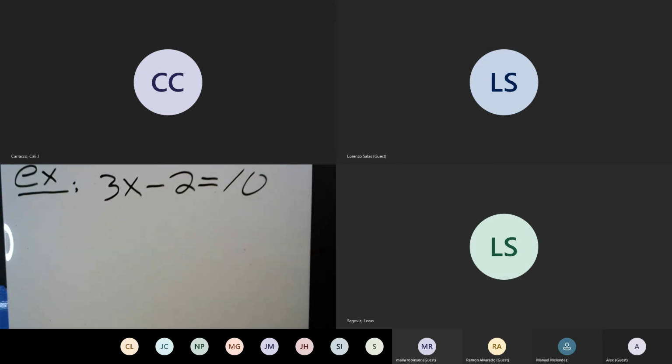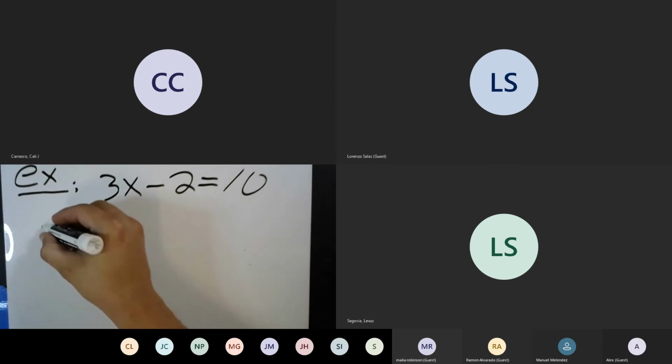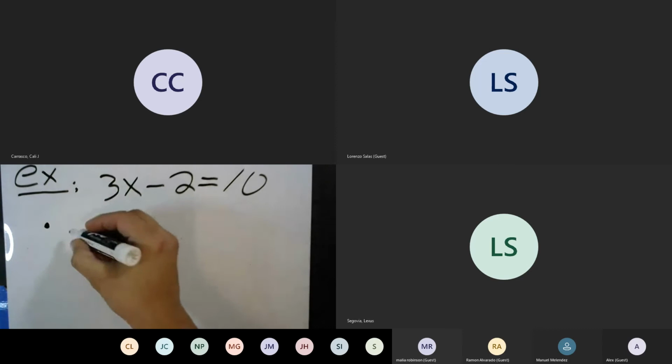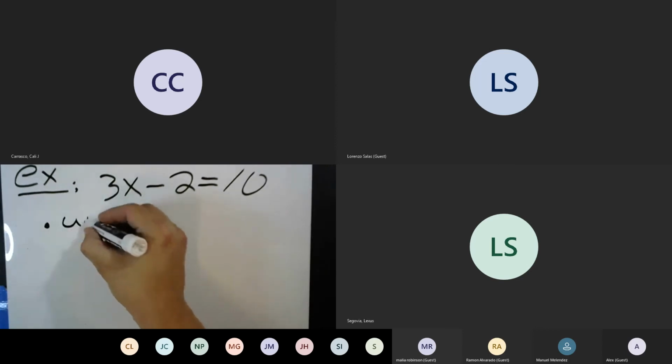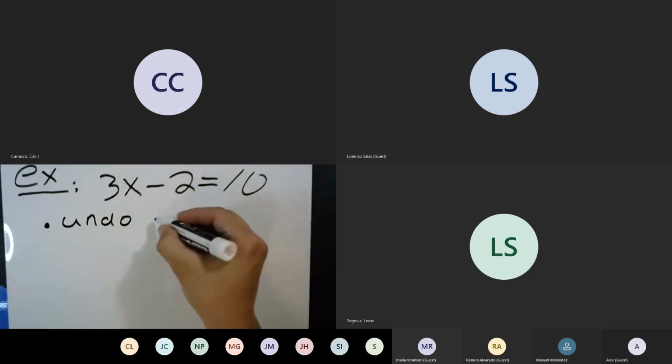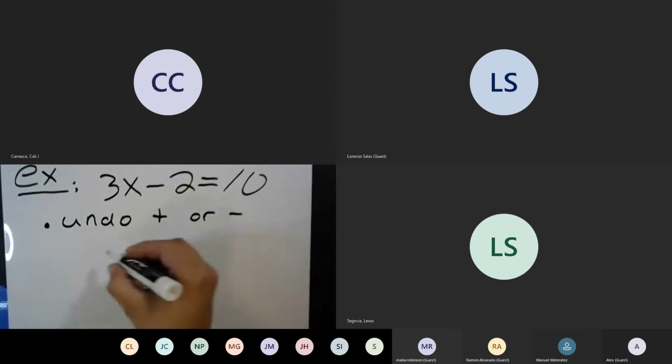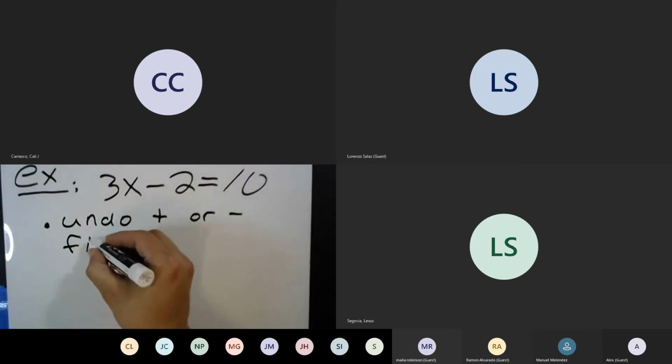And so when we're dealing with this kind of equation, we want to undo addition or subtraction first.